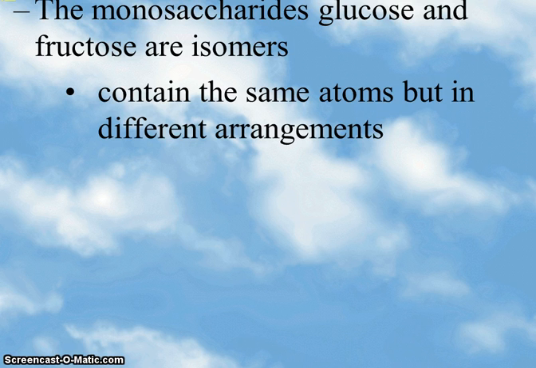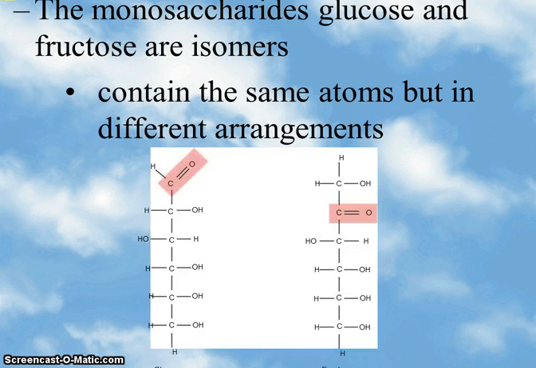If we remember that glucose is C6H12O6, fructose is going to have the same number of carbon, hydrogen, and oxygens, but they're going to be arranged a little bit differently. So on the left-hand side, we're looking at the chain structure of glucose, and on the right-hand side, we're looking at the chain structure for fructose. Really the only difference in the structure is the location of that double-bonded oxygen on the chain.